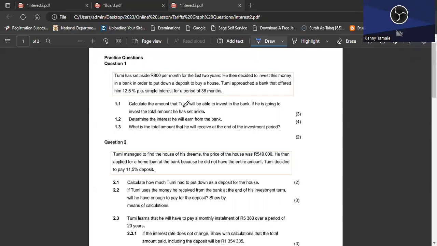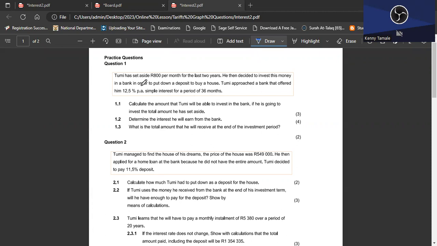All right. Last time we looked at interest, and here we have some questions that we're going to look at, and this is simple interest. Tumi has set aside 800 per month for the last 2 years. He then decided to invest this money in a bank in order to put down a deposit to buy a house.